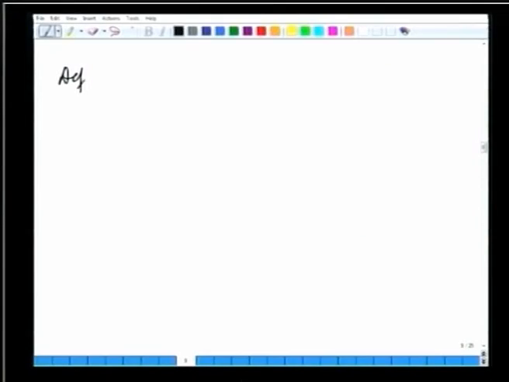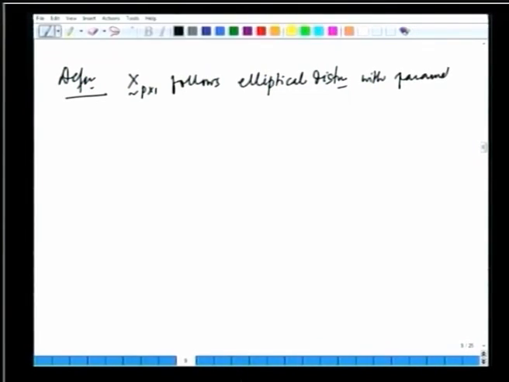So, the definition of elliptical distribution is, we will say that x, a p-variate random vector, follows an elliptical distribution with parameters mu and V. This is like the covariance matrix V, a square matrix of dimension p, positive definite, the notation we are using for positive definiteness.